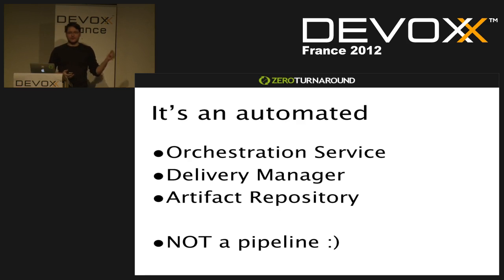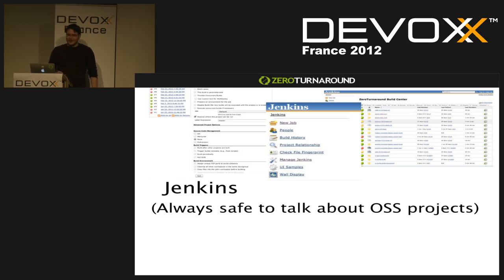And you have an artifact repository, which is also a little bit of glue, good for recording information about artifacts and helping that process along. So it's not quite a pipeline, but it can often be represented as one, and we'll actually use the pipeline plugin at some point. So it's kind of a pipeline, kind of not. Depends how you look at it.